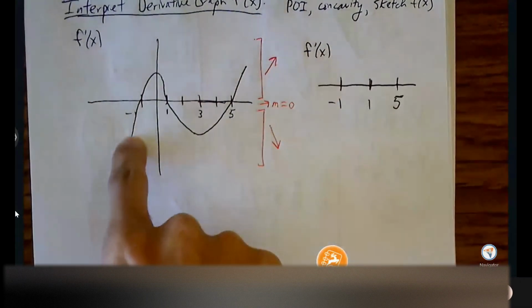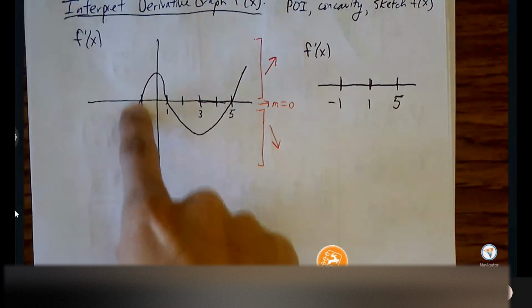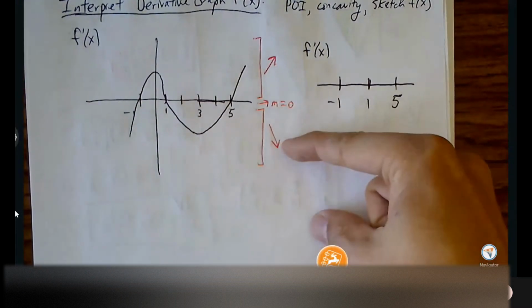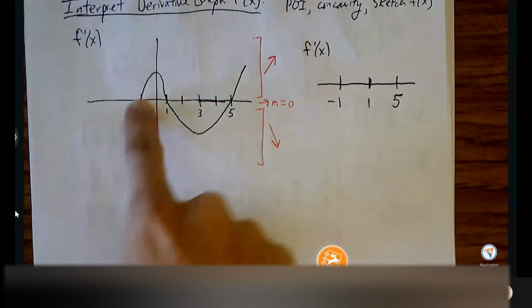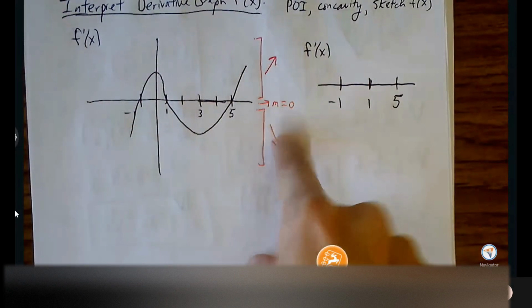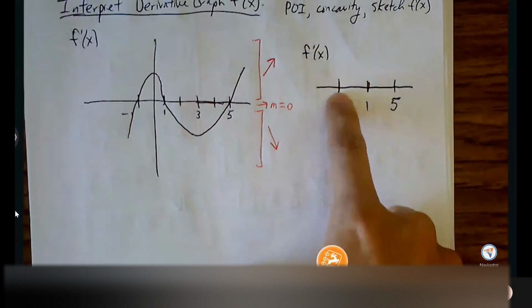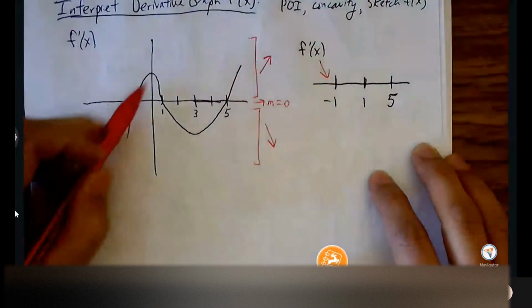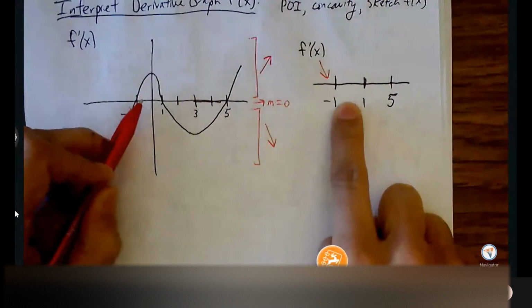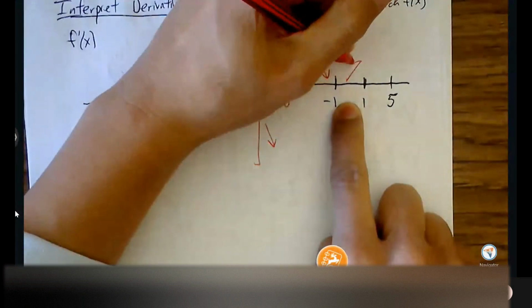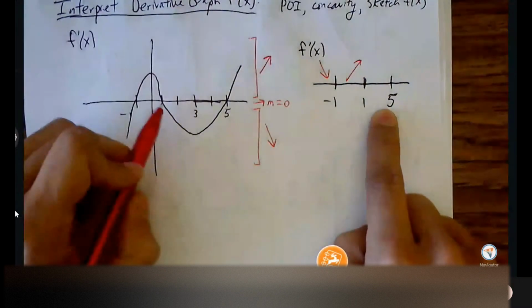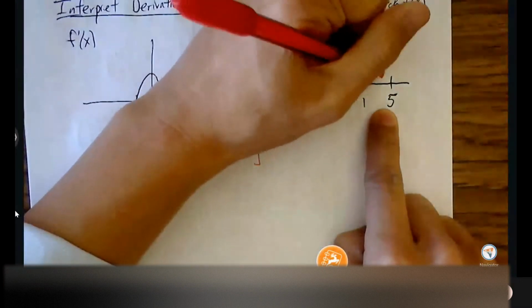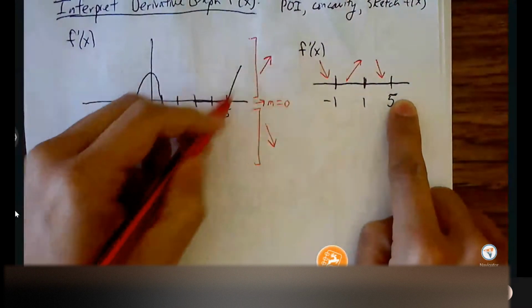Even though this looks like positive slope, all these are just different variations of negative slope. Some steeper than others, but these are all negative slopes. So we want to correspond anything to the left of -1 as negative slope. Between -1 and 1, these are all locations where we're going to see positive slope. Between 1 and 5, negative slope. And to the right of 5, positive slope.